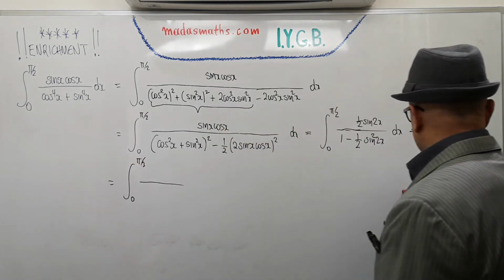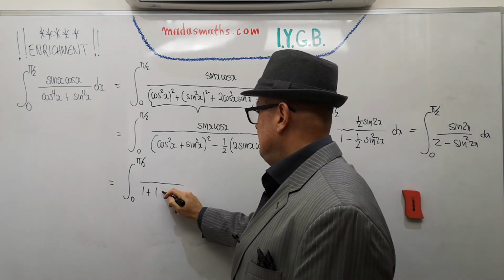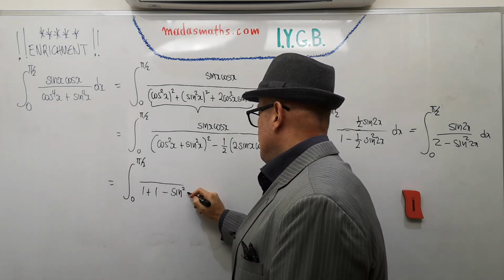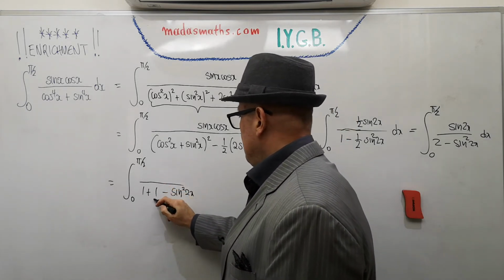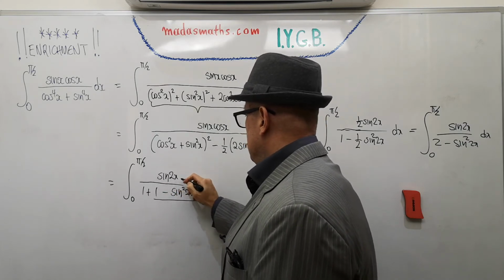So I'm going to write this 2 that you have in there as 1 plus 1 minus the sine squared of 2x. And you can see the obvious reason why I'm doing this. dx.